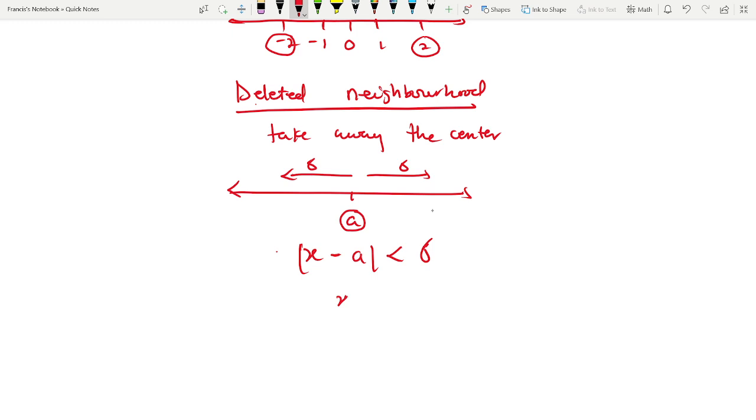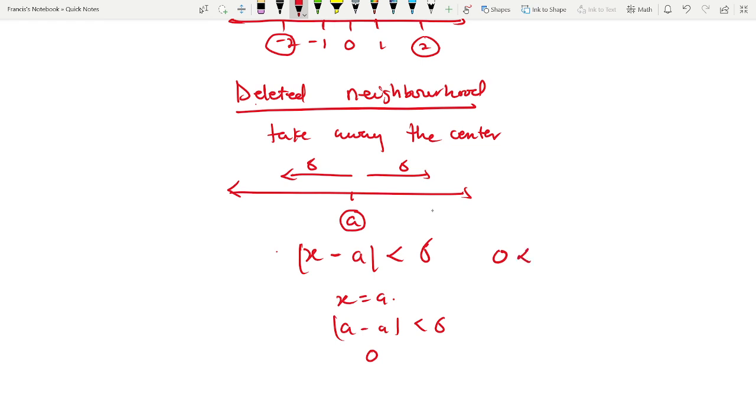Remember, at the point A we get x to be equal to A. For that reason I'm going to have A minus A is less than delta, so it actually becomes 0.